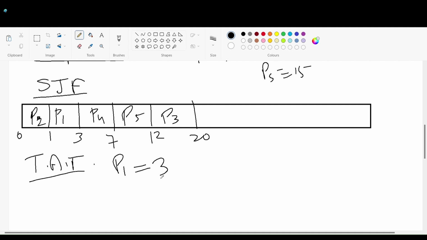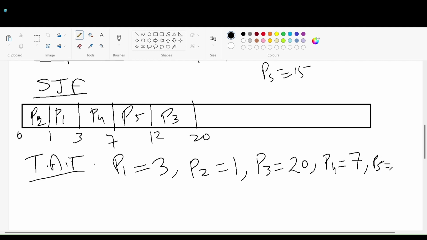So P1 takes 3. P2 enters the system at 0 and finishes at 1, so 1. P3 enters at 0 and finishes at 20, so it takes 20. P4 enters the system at 0 and exits at 7, so 7. P5 is 12. Okay, this is the total turnaround time.